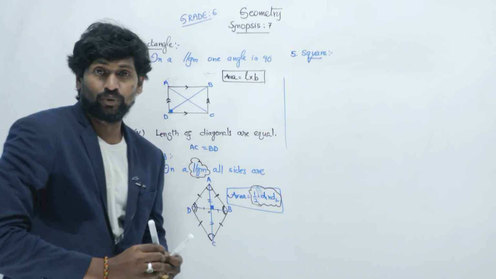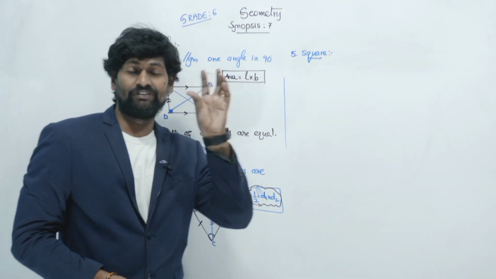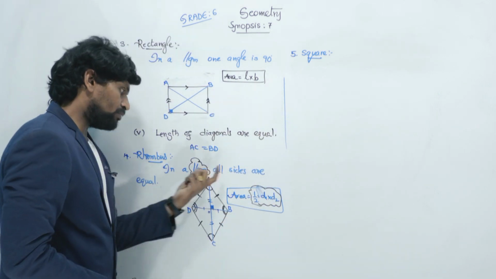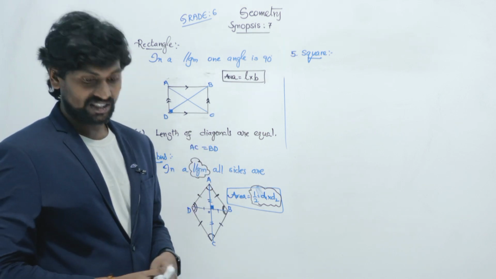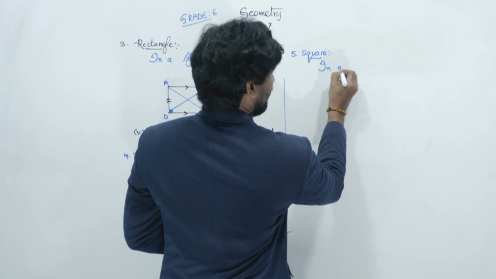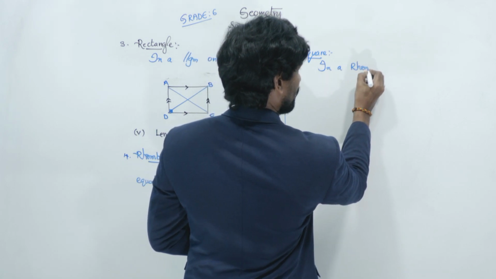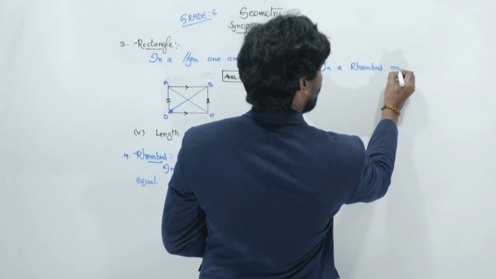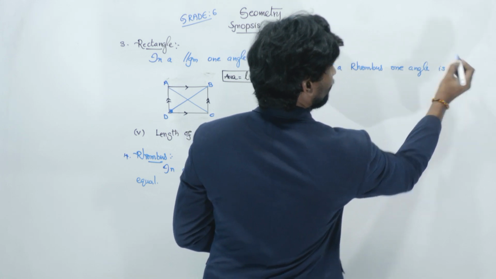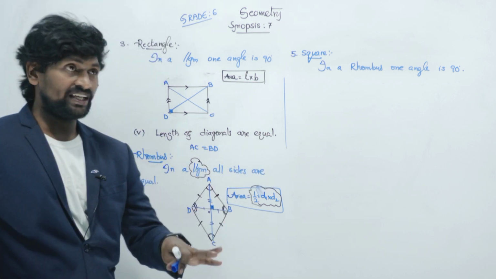While taking the square, the square definition is given from the rhombus. In a parallelogram, all sides equal becomes a rhombus. In a rhombus, if any one angle becomes 90, that is a square. Parallelogram with one angle 90 degrees becomes a rectangle.